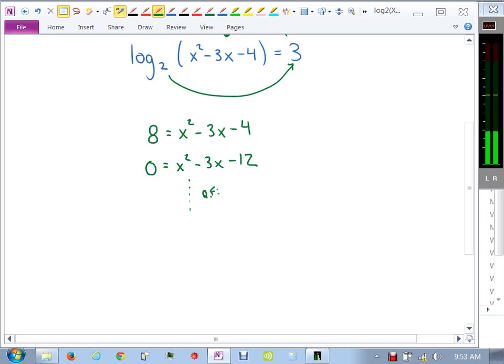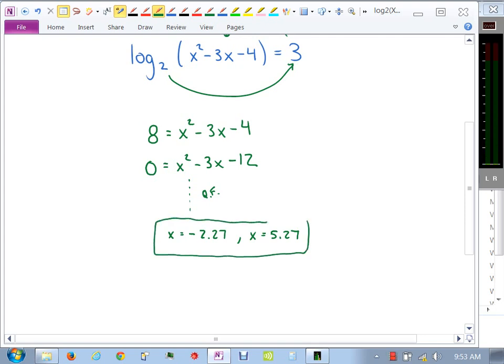You should get two answers. You should get x is negative 2.27, and the other answer, x is equal to 5.27. I encourage you to go do that, finish that problem on your own. Make sure you can solve that using quadratic formula.